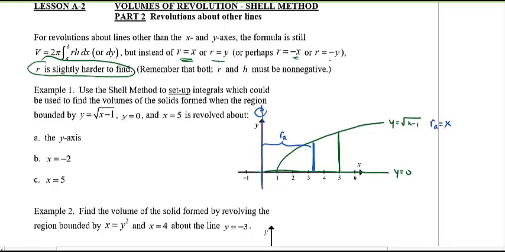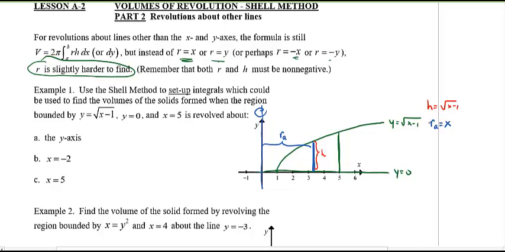The distance from the axis of rotation, the y-axis, to that representative element is really just the x value. And then the height, yes, that's the height. So the height is just the function root x minus 1.